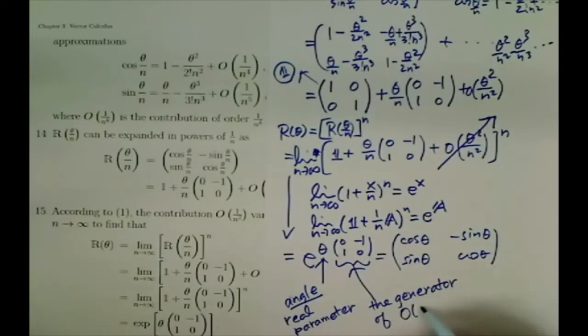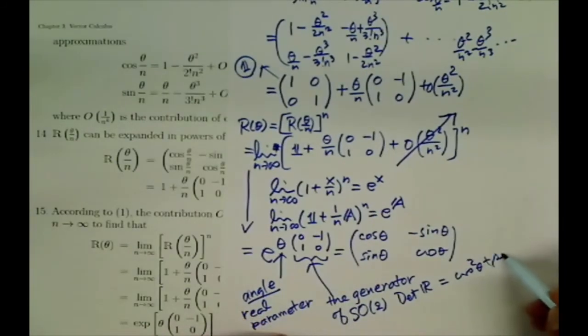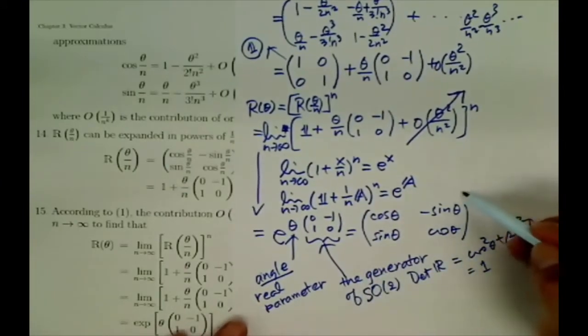Actually, this is SO2. O2 is orthogonal rotation. They are orthogonal, but as well as being orthogonal, the determinant of R is cosine squared plus sine squared, so it is always plus 1 because the determinant is 1. This is a continuous rotation.